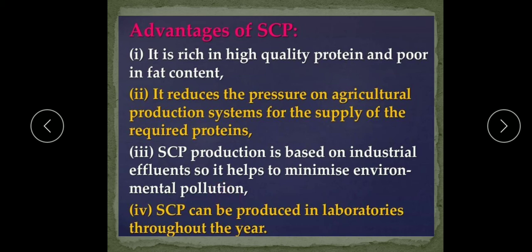Like I just explained, these microorganisms can be grown on industrial effluents, the waste. SCP can be produced in the laboratory throughout the year, meaning they don't need a particular season, climate, land, soil or fertilizer. So all these are the advantages of single cell protein.